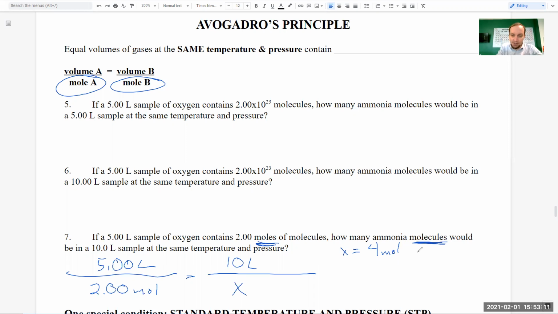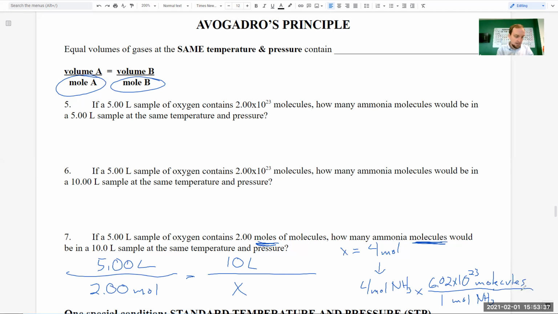So I need one additional step. So I'm going to do my 4 moles of ammonia, which is NH3. I'm going to put 1 mole down here to convert out of. That will cancel. And then to molecules, I need 6.02 times 10 to the 23rd molecules.